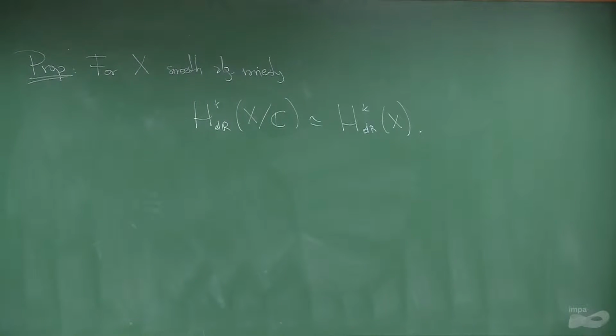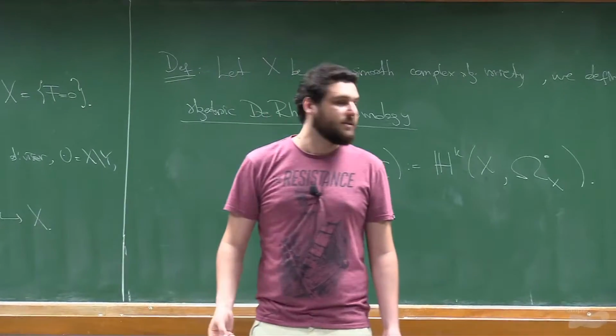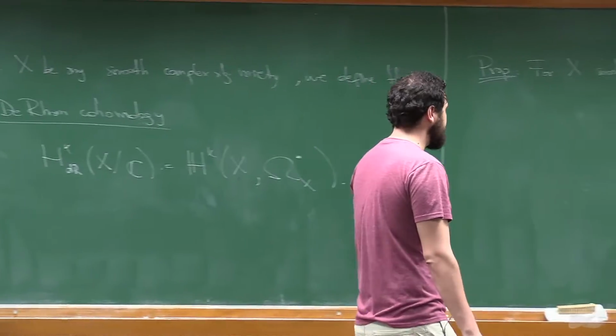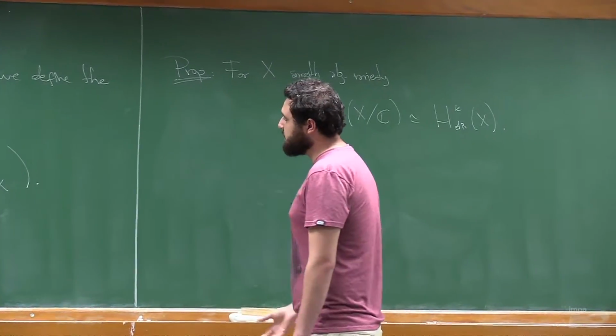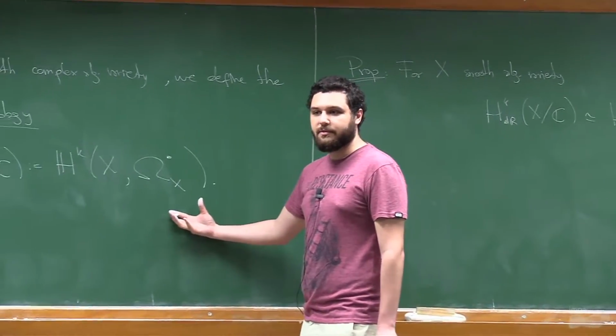Okay. So we already did this in the analytic context, right? Here we're in a different topology. We're in the Zariski topology. This is a much smaller set of functions that we are considering, right?